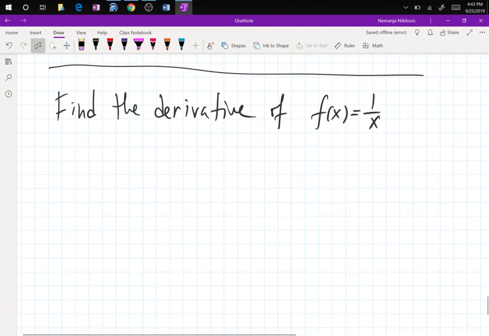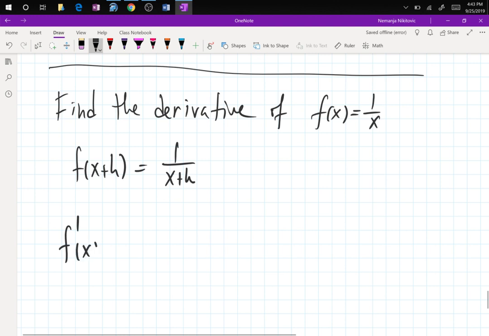So what do we do? We immediately figure out what f of x plus h is, and that is going to be 1 over x plus h. And now we put all of this in the formula and just calculate the derivative.